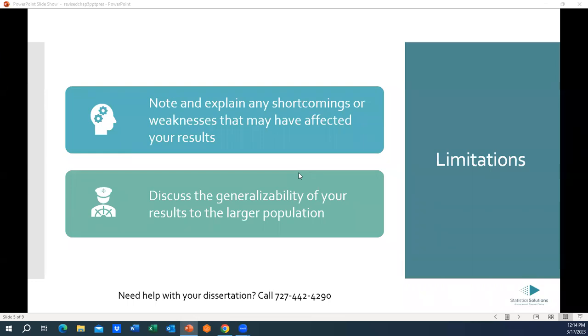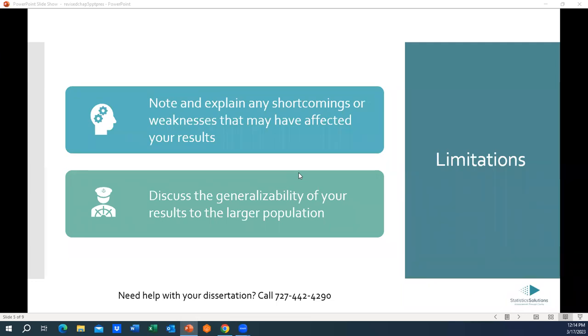I also want you to usually talk about the generalizability of your results to the larger study population here a little bit. Not much, just to see if what you found is generalizable to the larger study population. And for quantitative studies, if your study was adequately powered, meaning that your sample size was adequate or above what you needed, generalizability usually should be pretty good.